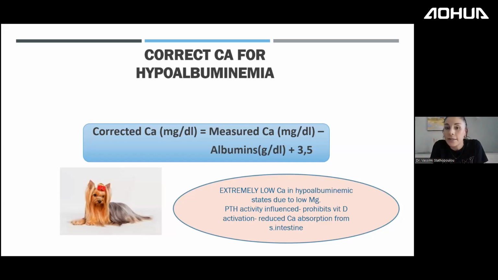In your case, especially this breed has extremely low calcium when they are hypoalbuminemic, due to the low magnesium as well. I always tend to measure magnesium in my hypoalbuminemic patients. So please beware of correcting, and this is the mechanism that I write there. Please correct the calcium and don't add calcium in your fluids. Okay.